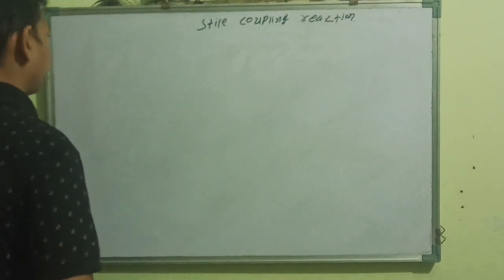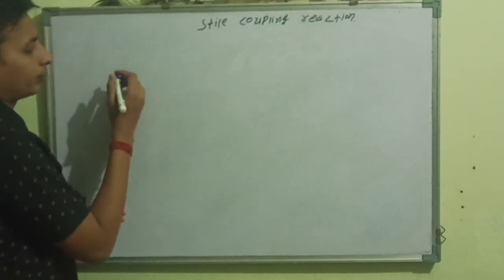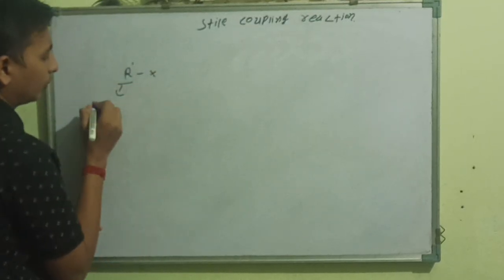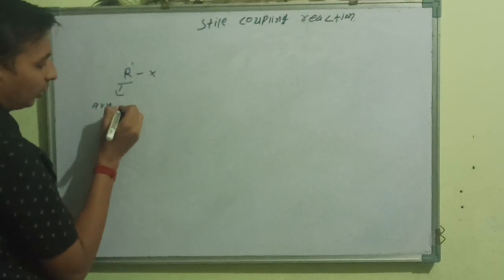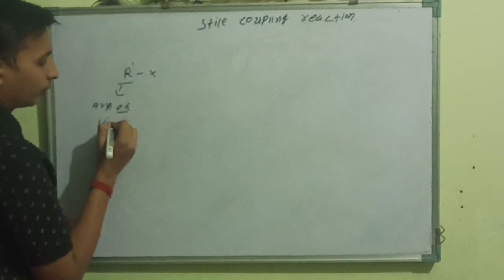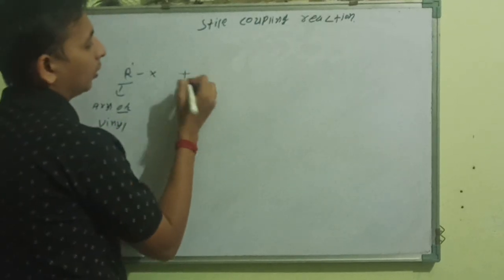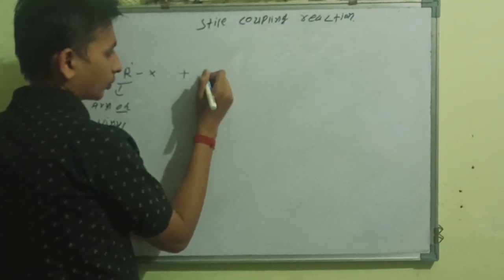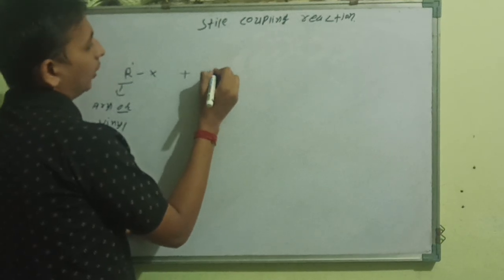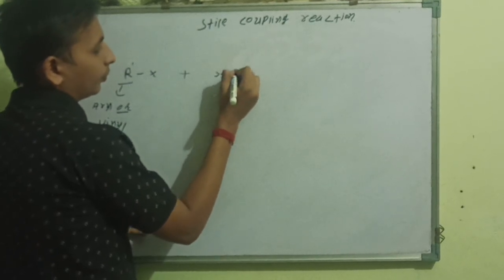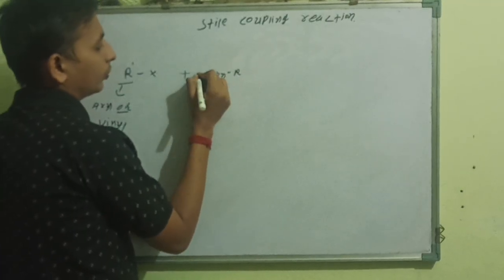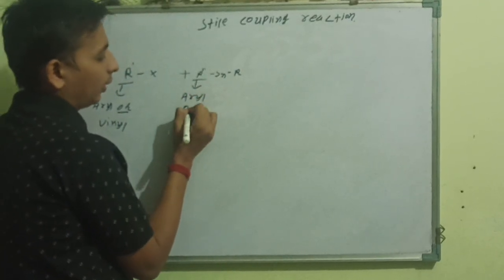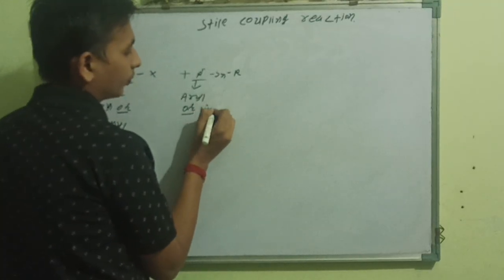Stille coupling reaction. What is the basic reaction? R'-X, where R is aryl or vinyl, and another partner, the same, also aryl or vinyl.